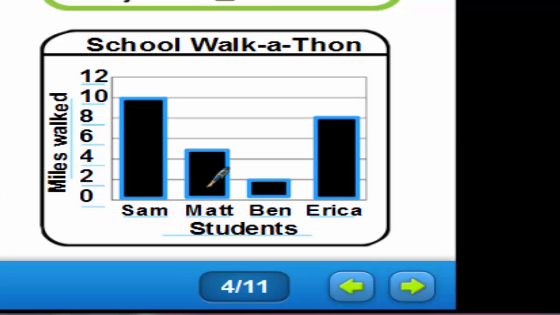Matt walked 2, 4, 5 miles. Erica walked 2, 4, 6, 8 miles. How many more would Matt have had to walk to equal the same number of miles as Erica? That's right. 8 minus 5 equals 3. So he would have had to walk 3 more miles to equal the same number of miles that Erica walked.